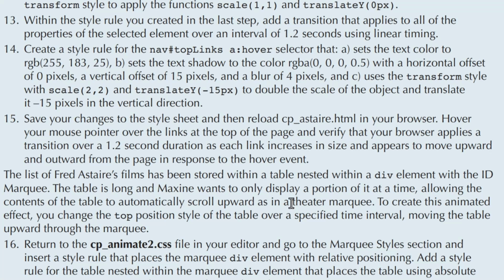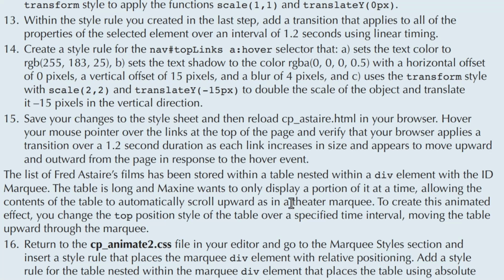We're going to create a style rule for the nav top links a hover state. That's going to set the color to RGB 255, 183, 25. Set the text shadow to the color RGBA 0, 0, 0, 0.5. And it'll have a horizontal offset of 0 pixels, a vertical offset of 15 pixels, and a blur of 4 pixels.